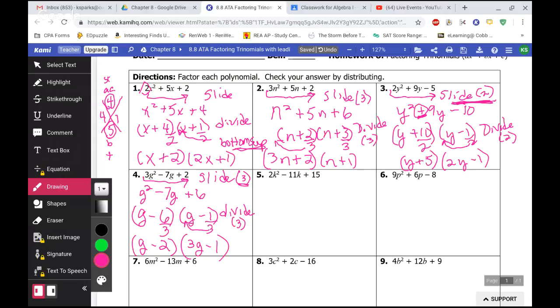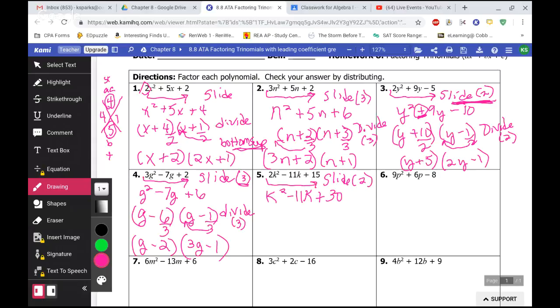So number 5. Slide. Multiply by 2. So that's going to be k squared minus 11k plus 30.